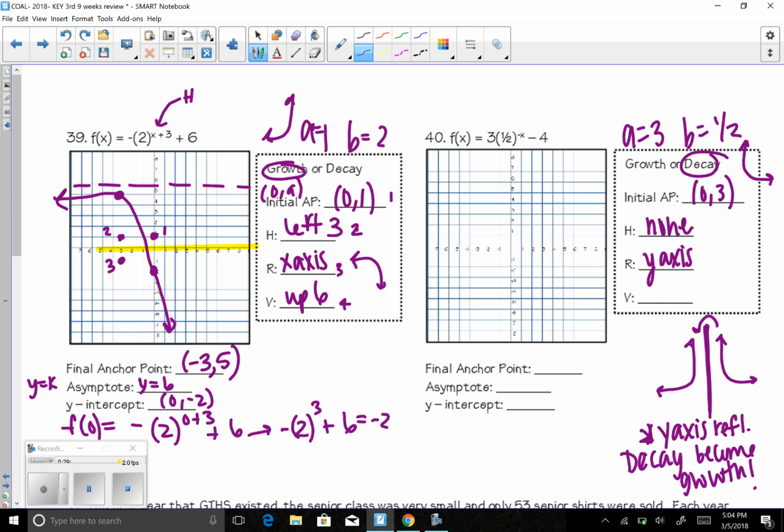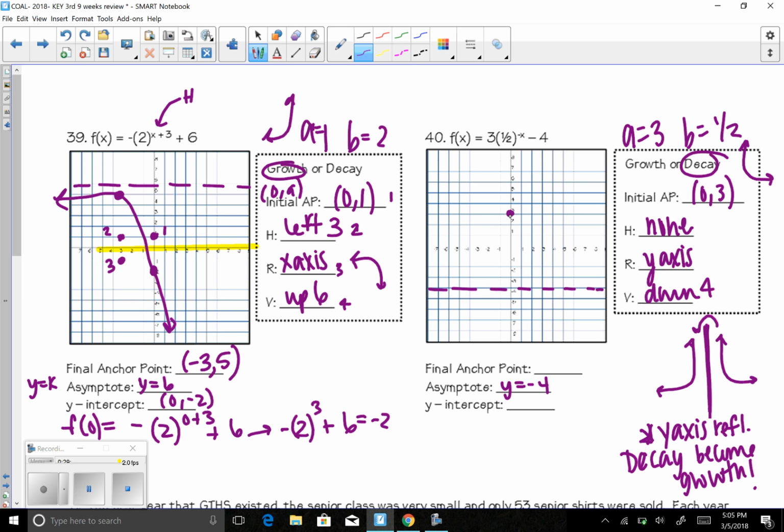Okay. Vertical shift is down 4. So y equals negative 4. So let's see, 1, 2, 3. Negative 4 is here. So 0, 3 is where I start.